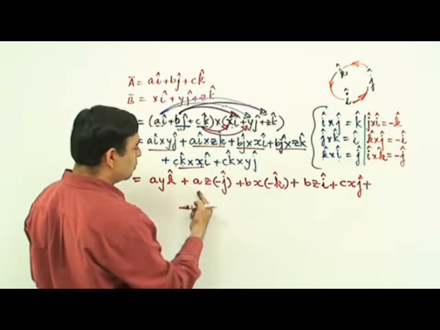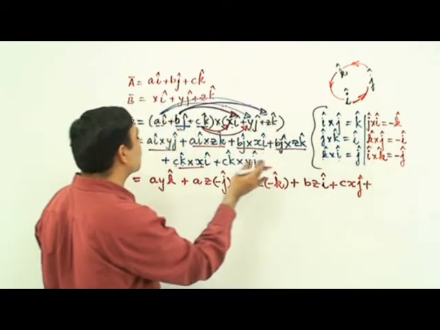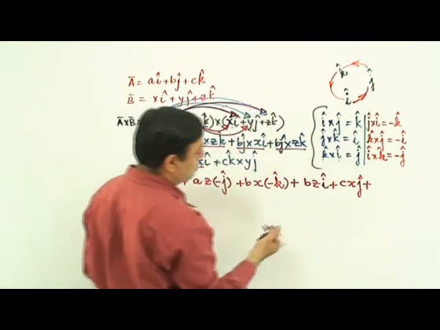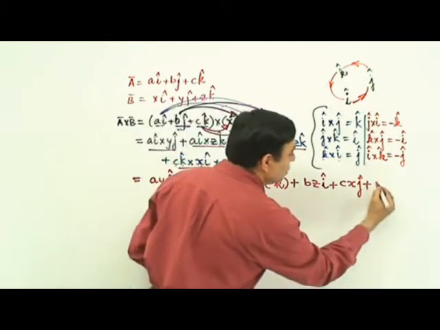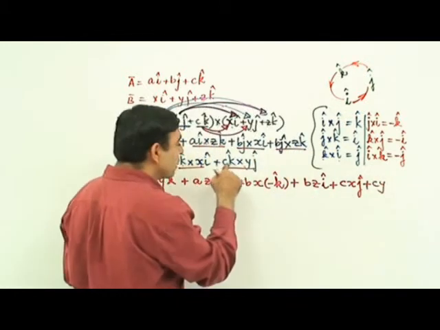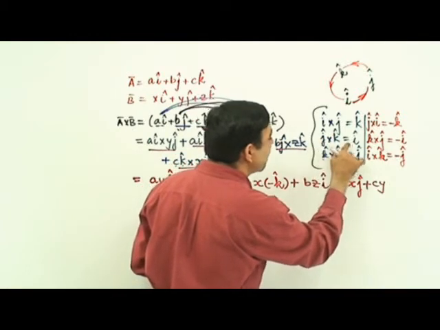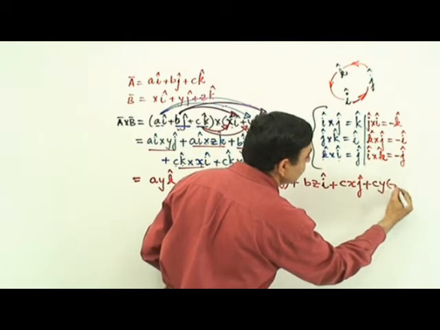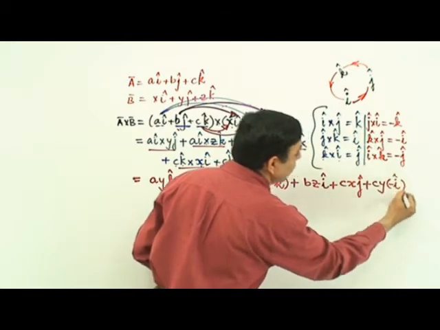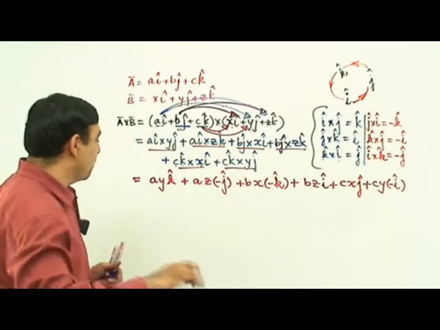See, 1 2 3 4 5, one more term, because the other 3 terms are 0 anyway. Now the last part, cy as it is, and k cross j is minus i. Doing everything in a very step by step way, you get this, fine.